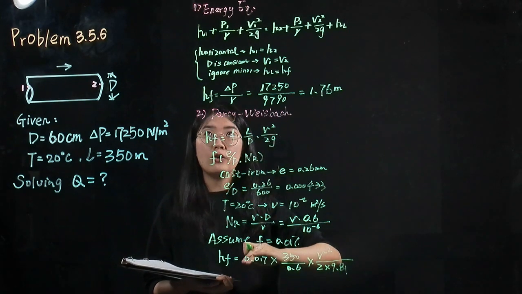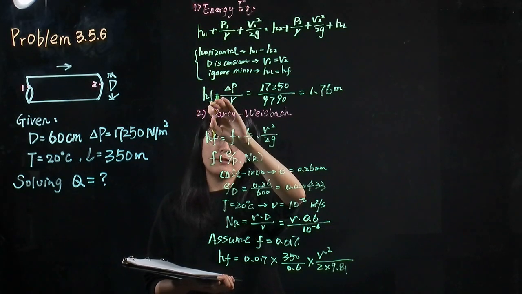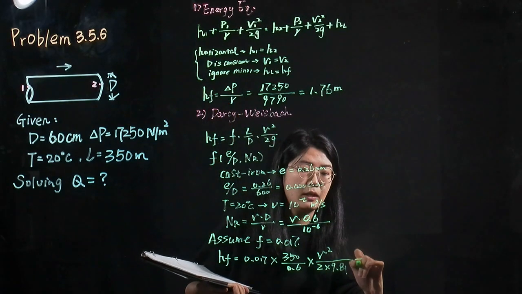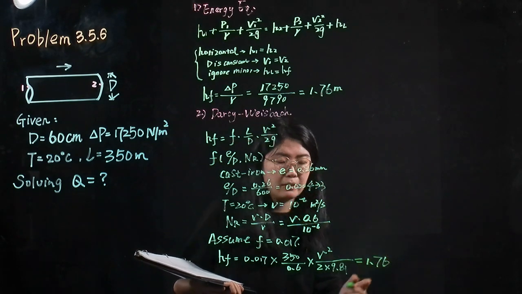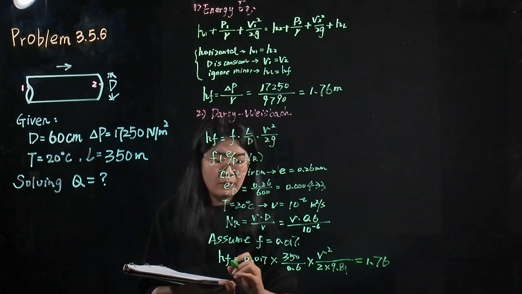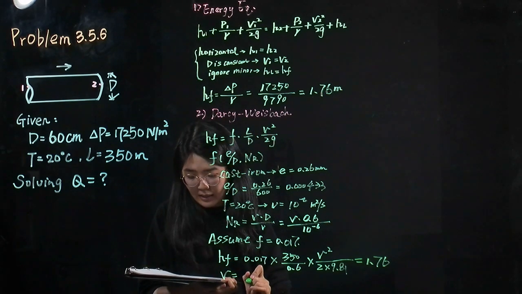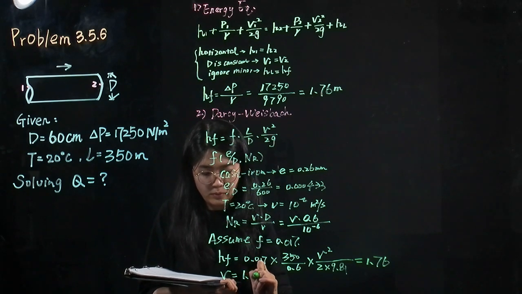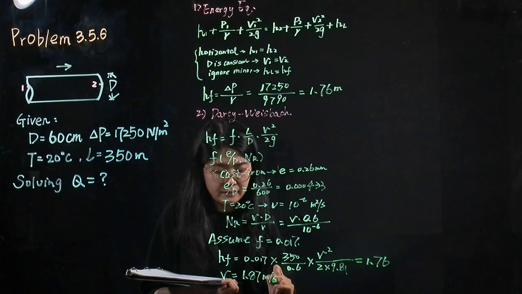Because we already know the friction loss from the first step, it equals 1.76 meter. Then we can calculate the velocity, which is 1.87 meter per second.